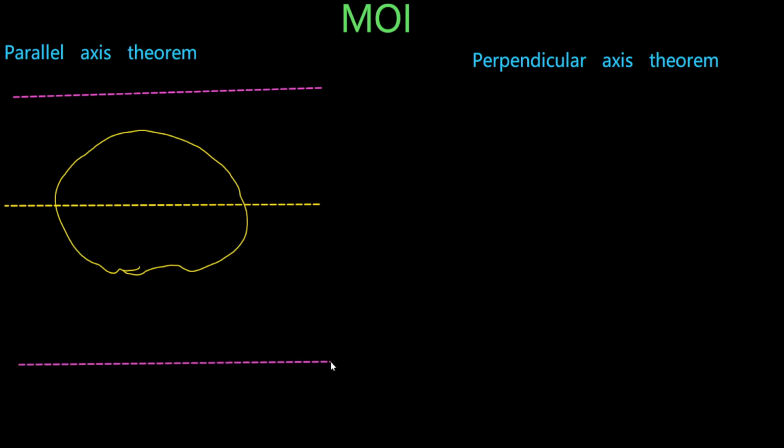These axes are parallel to each other. Suppose this axis is called xx and this one is uu. You can take any two axes. And this one is at a distance of h.